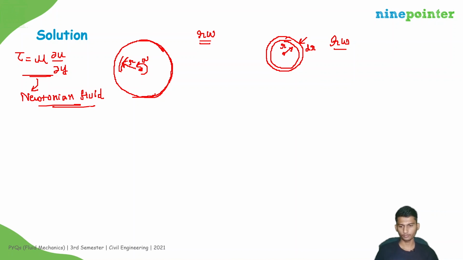So at a distance r, we already know the velocity distribution will be r omega, and this will be height h. This will be the velocity profile, right?